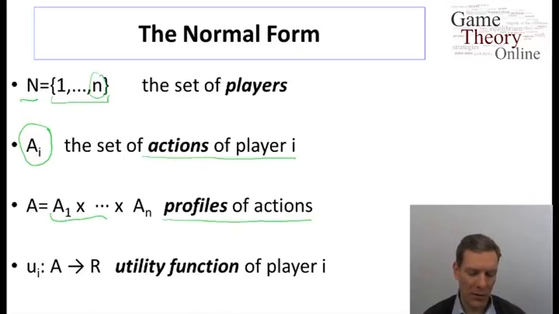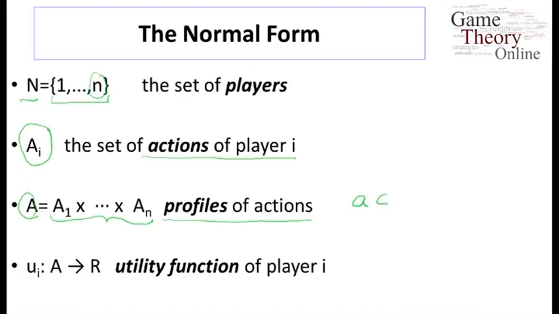In particular, when we have the cross product of the different actions, we'll let A denote the full set of actions. So an element a in A would then be a specification of a equals what is player 1 doing, what is player 2 doing, all the way through what player n is doing. So it's going to be an n-tuple listing what every player does in the game.